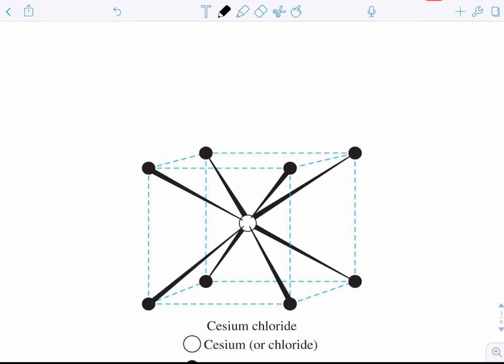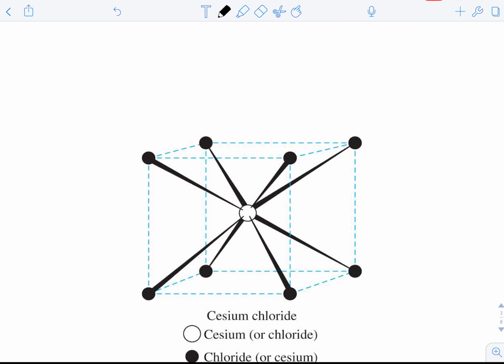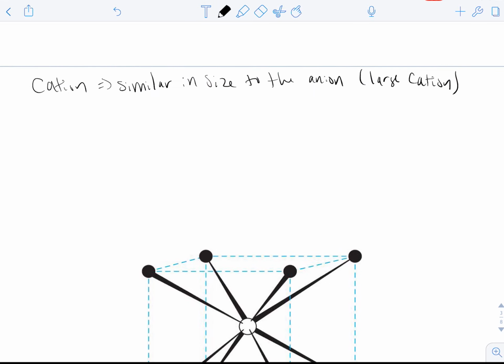So here is what that looks like. The 0.732 to 1 radius ratio gives us a cubic hole. We call that a cubic hole for the cation, and this is where we're going to maximize our cation coordination number.